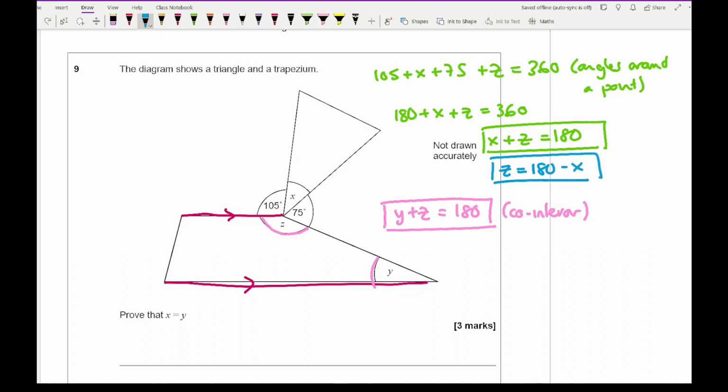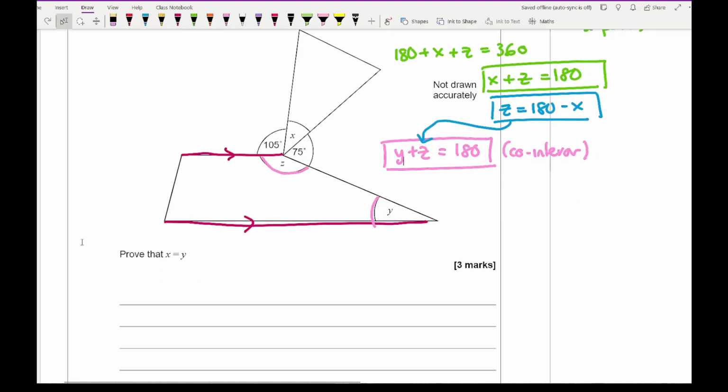So then if I substitute this into this, let's just get a different colour. So I've got y plus 180 minus x equals 180. So then x plus 180 plus y, actually it's going to be minus 180.